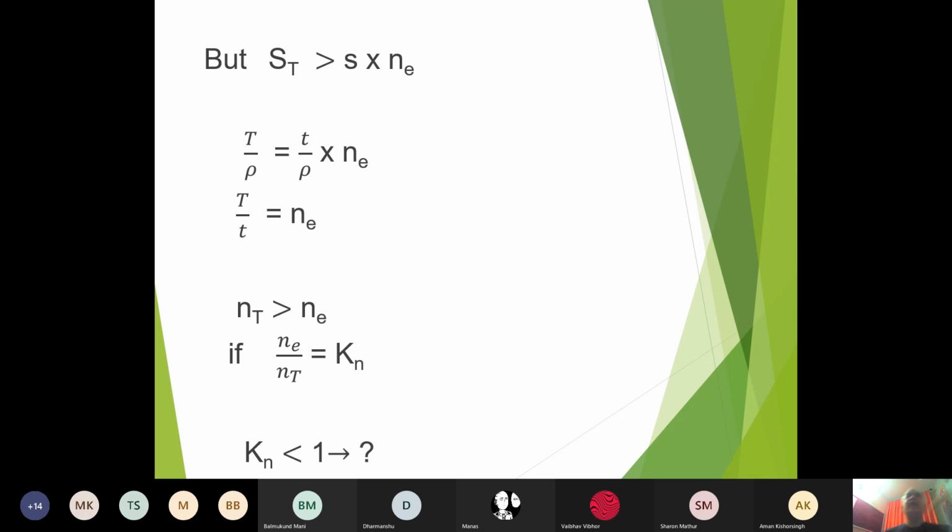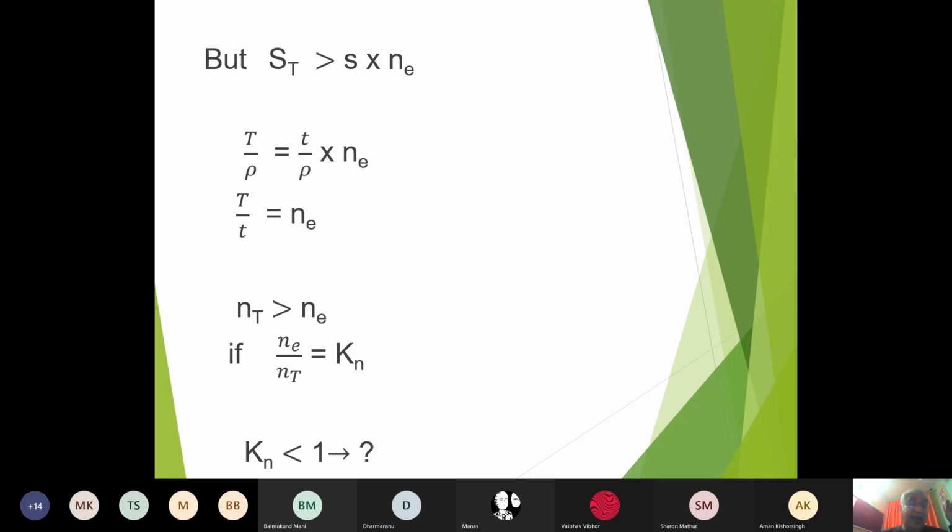So Kn, wherever I use it further, is the ratio of NE over NT, the experimental and theoretical numbers of fibers. This Kn that we always find is lesser than 1 in actual yarn. What is this indicating? Now we have to understand the significance of Kn.